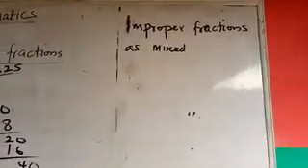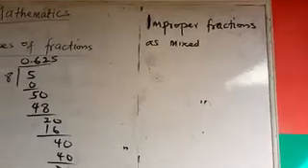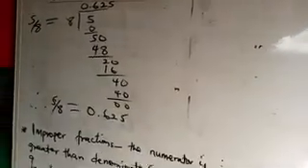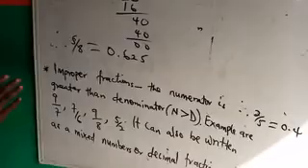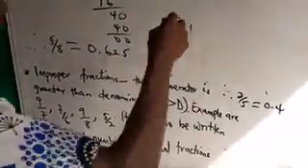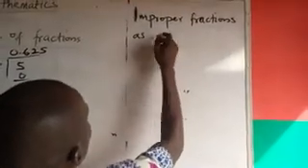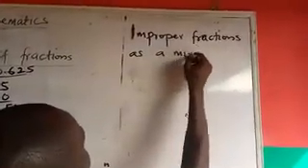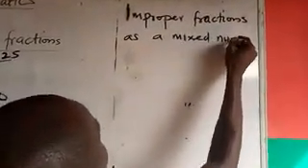Because the first one we have here can be changed. It can be written as a mixed number. That is the first one. Then let us see how we can write an improper fraction as a mixed number.